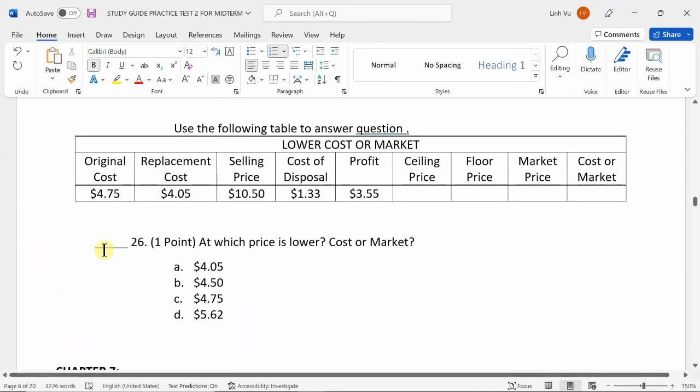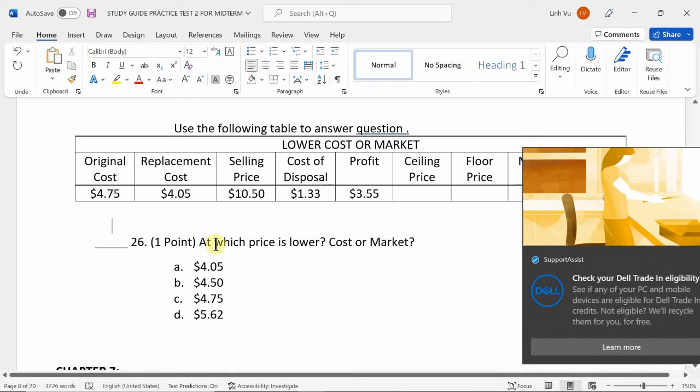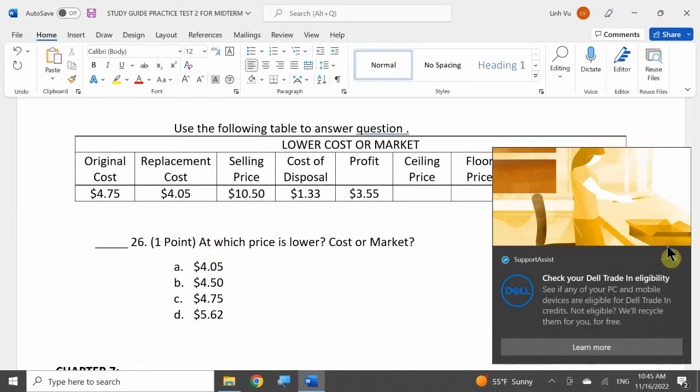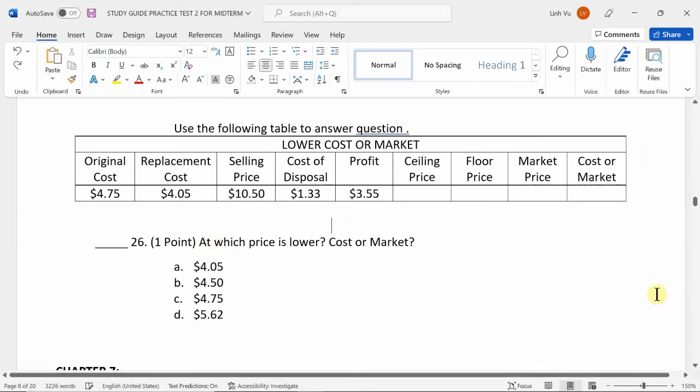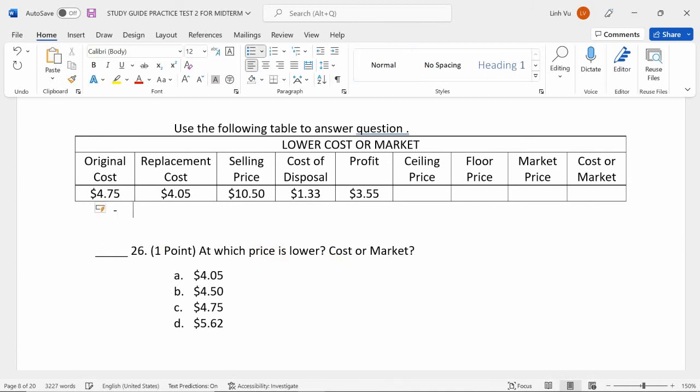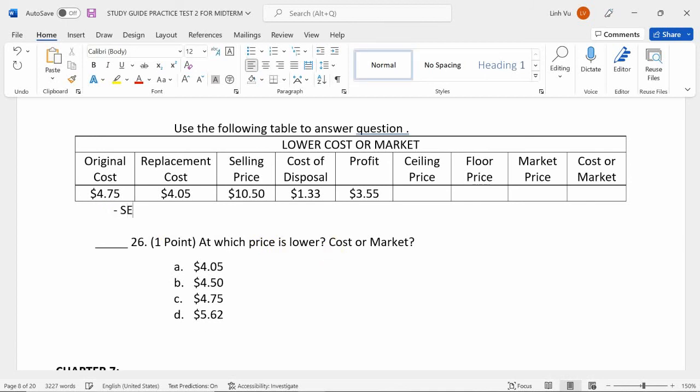And so you need to determine the ceiling, floor, market, and which one's lower. So in this case, how do we solve for ceiling price? Ceiling's going to be your selling price minus disposal.